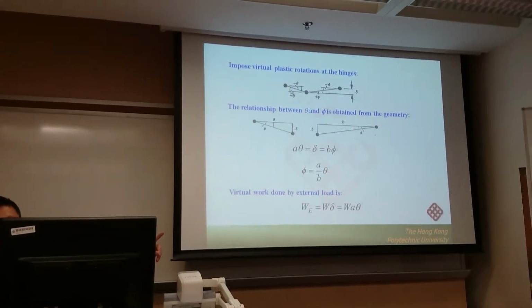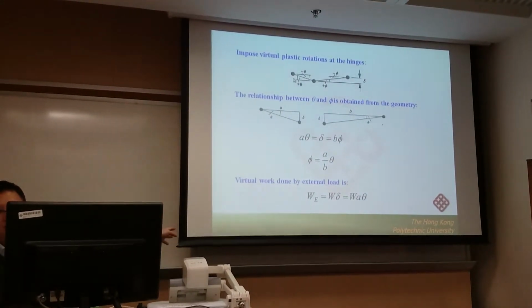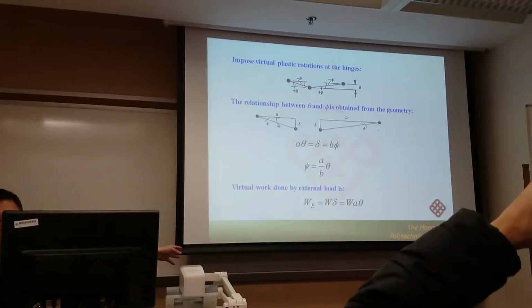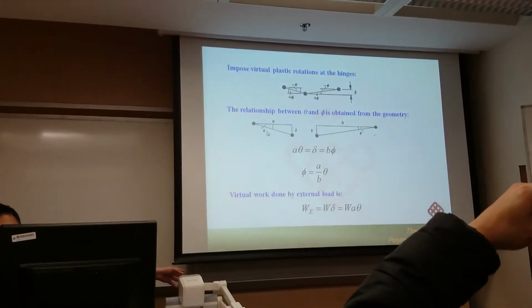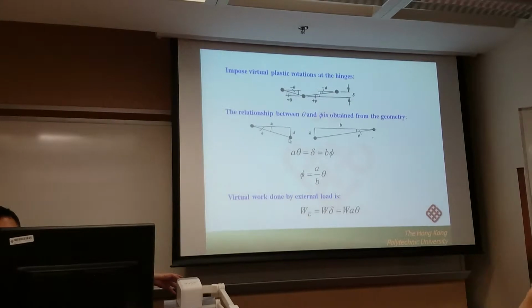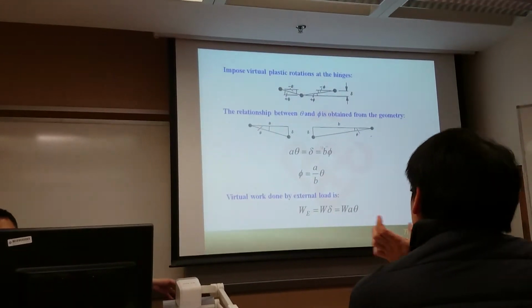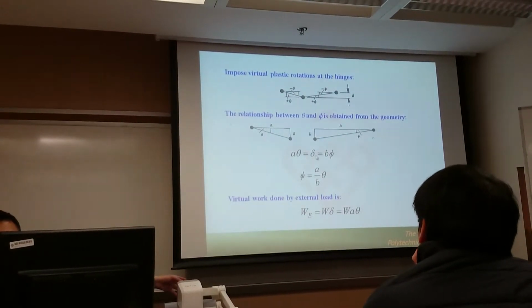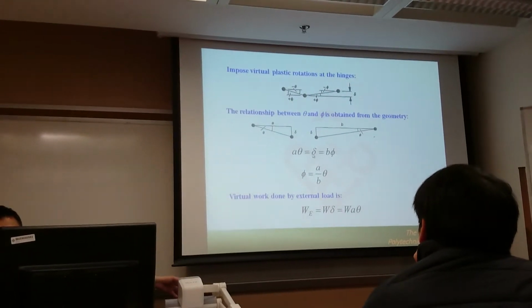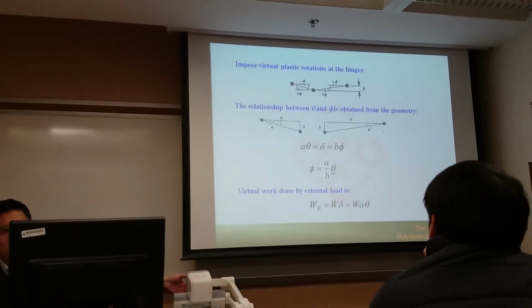For example, here we select the rotation at the left end as an independent variable. So theta is independent, and then delta is equal to A times theta. And phi is equal to B times phi is equal to delta, so we can obtain phi in terms of theta.